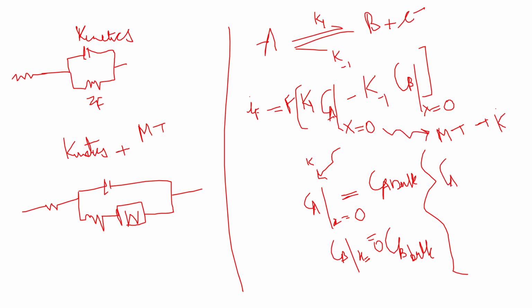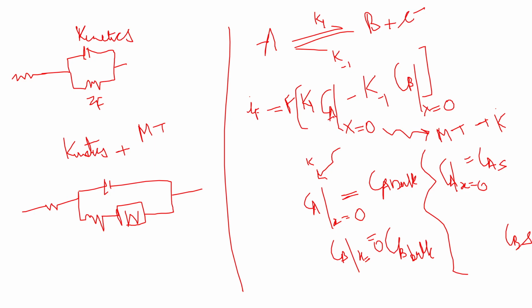So Ca at x equal to 0 in this case will not be equal to Ca bulk. I am showing it as Cas. Similarly, you will have Cbs. Both these terms are different from the bulk. That is the thing you have to keep in mind.